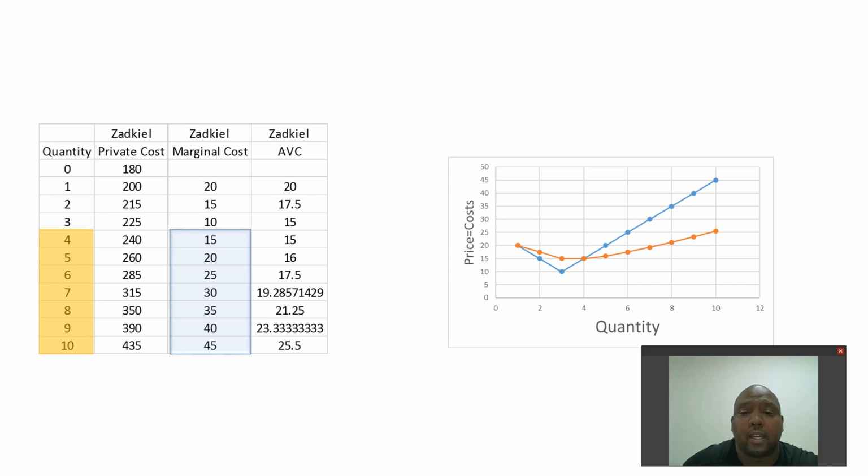If we look at this graphically, we could see that for these quantities 1, 2, 3, the price of 15 is falling here, here, here. The quantity is increasing, but the price is falling. So they are not willing to produce these. And so that means that this is the beginning quantity that the firm is willing to produce and onward. And also the second criteria, which is the average variable cost, is the lowest here. This is the lowest one.